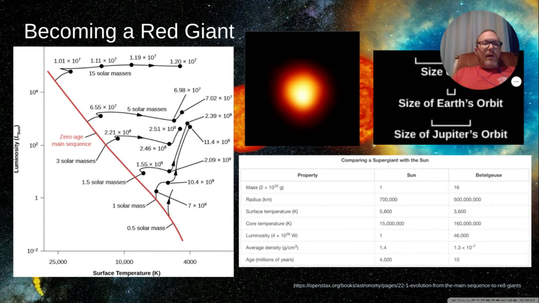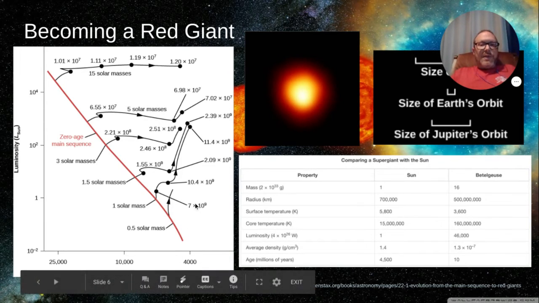They contract, which causes that secondary fusion to start happening in the outer layers, and then it causes it to start expanding, and the outer layers cool off. And so you can see for each of these, they're going to kind of come out a little bit. They're going to crash back up and then become bigger and bigger.